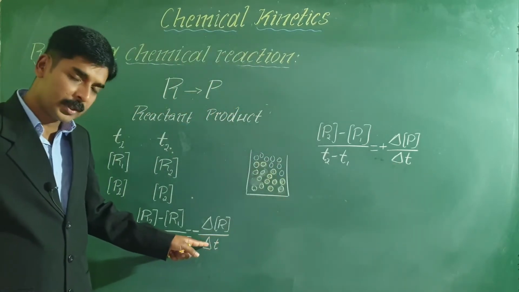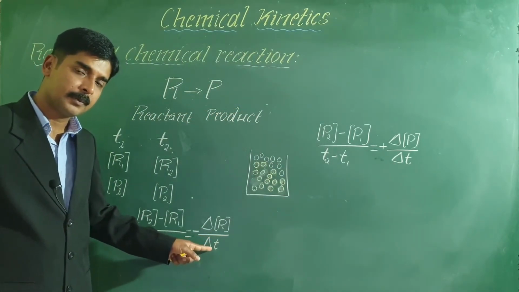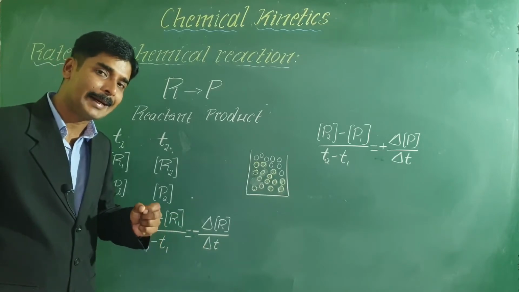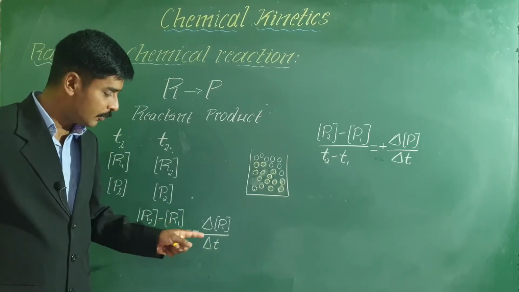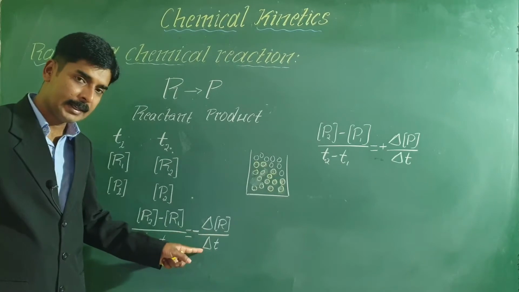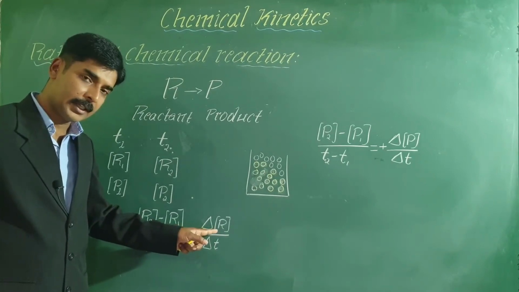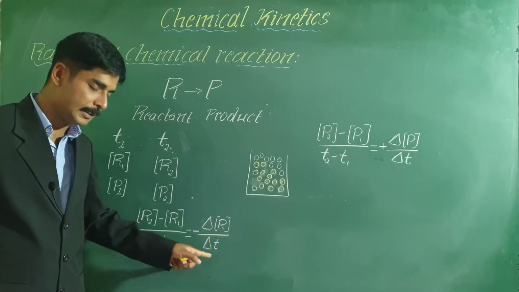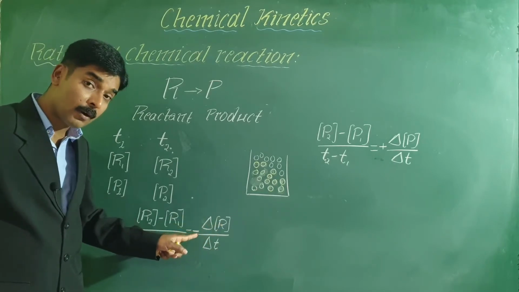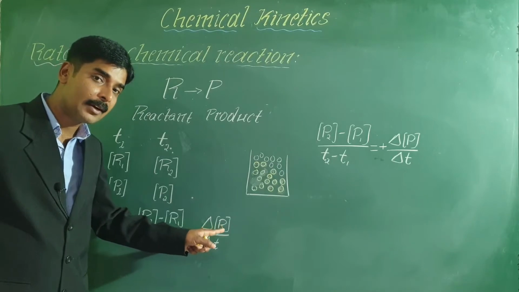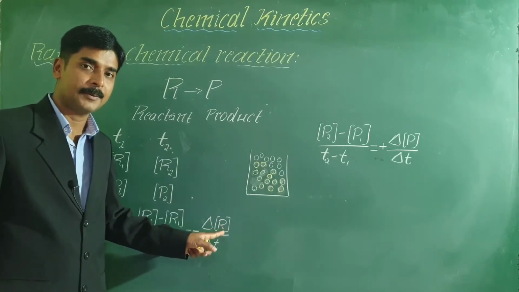Since we are talking with respect to time, we can also use the term rate. In terms of rate, since during the progress of the reaction the concentration of the reactant decreases, we can read this as the rate of decrease in the concentration of reactant.